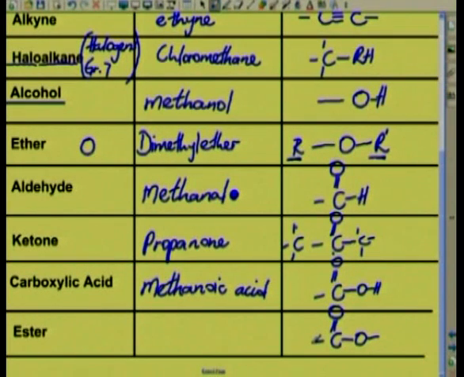But then any example of what an ester would be, I'll give you an example. Say we have what we call methyl ethanoate. We will talk about how this name came about. Methyl ethanoate will be an example of an ester. Okay, so that is an example of an ester, methyl ethanoate. Don't worry about the name now. Like I've been saying, we'll be talking more about this as the lesson proceeds.